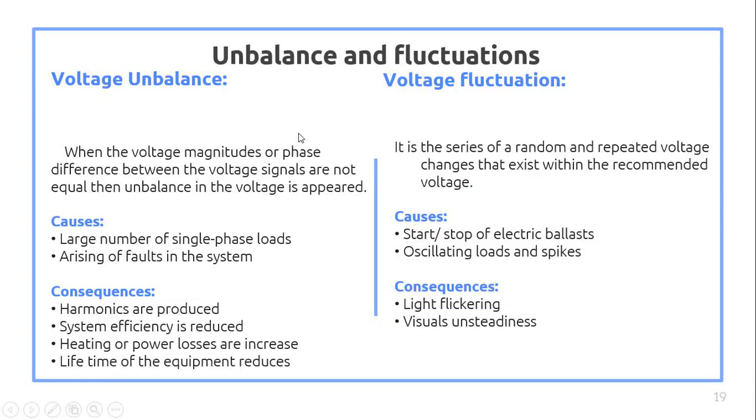Next one is unbalance and fluctuation. When the voltage magnitude or phase difference between the voltage signals are not equal, then unbalance in the voltage appears. Causes: a large number of single phase loads present in the system, and faults in the system.